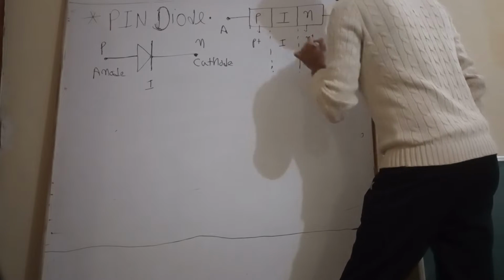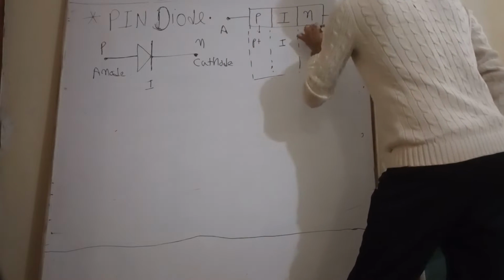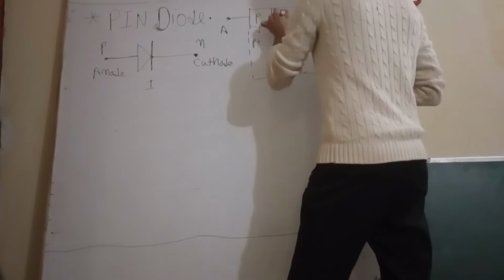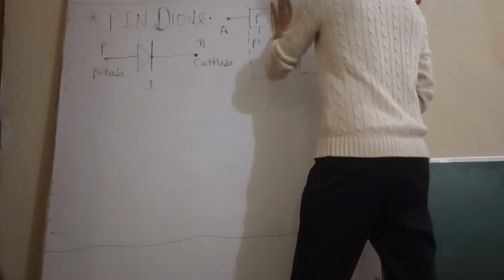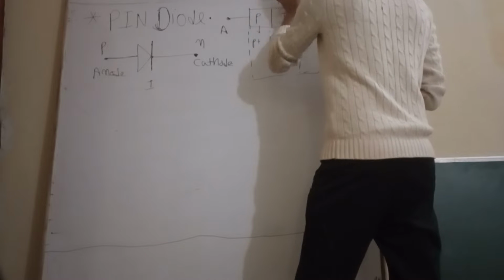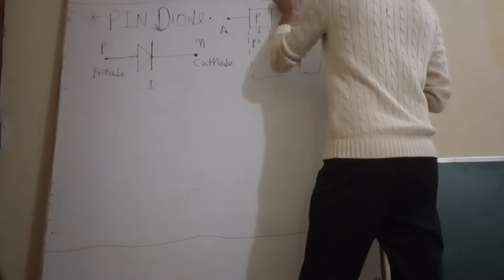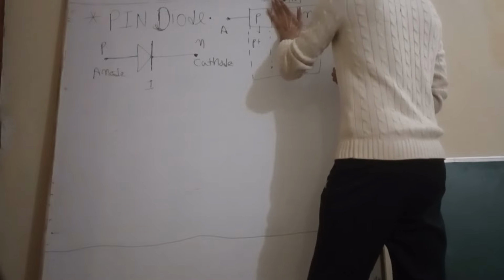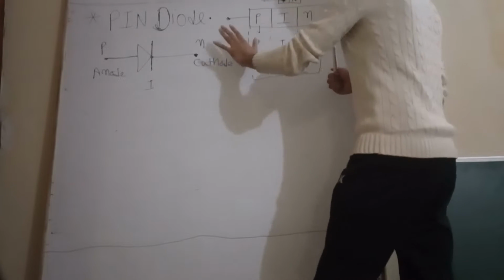If you eliminate this intrinsic region, it becomes similar to a normal PN diode.